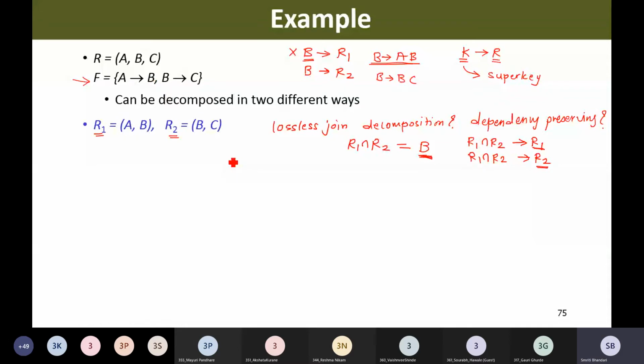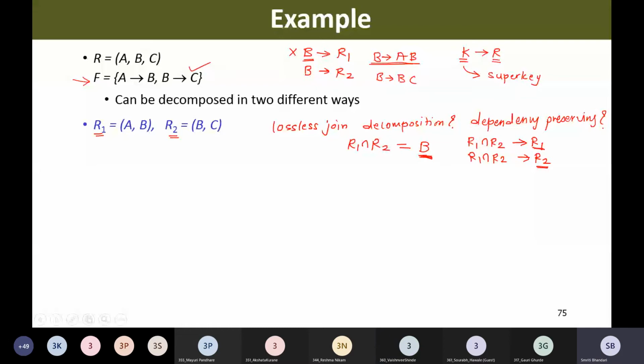Now, let us check whether B is a super key of R2. We say that B is a super key of R2 if B determines both the attributes B and C. Correct? So B should determine B. Yes, obviously. Whether B determines C. Yes, it is given.